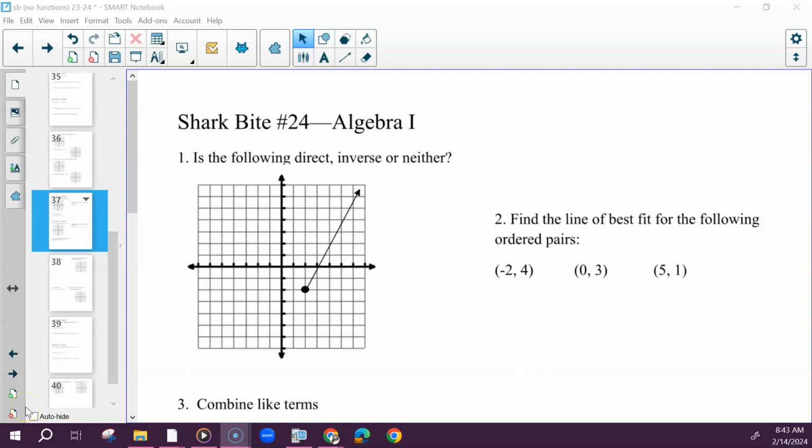Alright, which questions on the chart do we want to see you go over, have questions about? I don't see many hands.